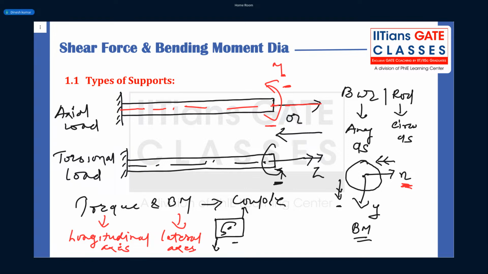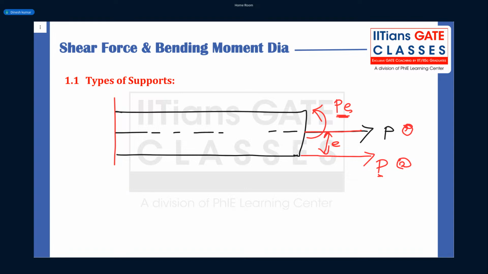The difference between torque and bending moment, and the difference between the bar and shaft. Now the last case is the beam. So how do you classify a beam?